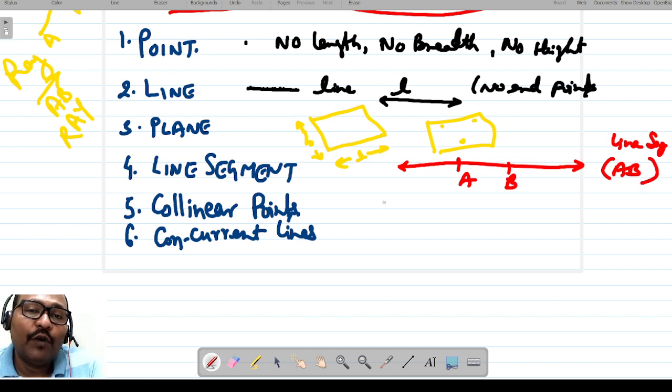What are collinear points? Collinear points are the points which are lying in a plane, and from them a single line passes through. From two distinct points, one line can pass through, like this, right?